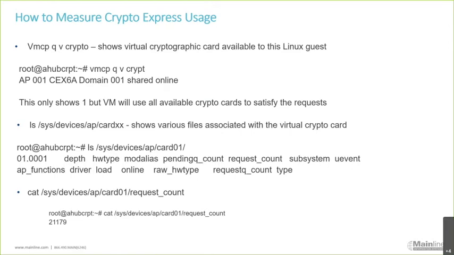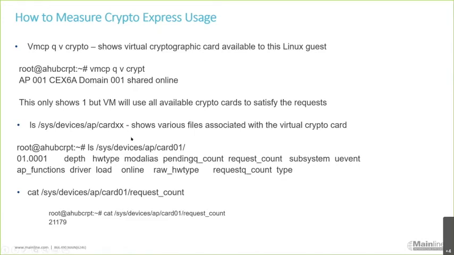What you'll notice is that it shows I have one card, AP001, and this tells me it's a Crypto Express 6 in accelerator mode, and I only have one domain. Like I said before, I actually have two cards backing this up, but it's being virtualized, so it'll send requests to each card as it sees fit.